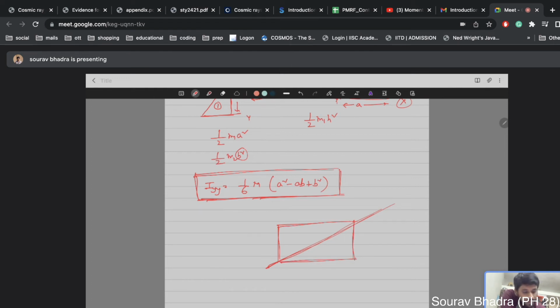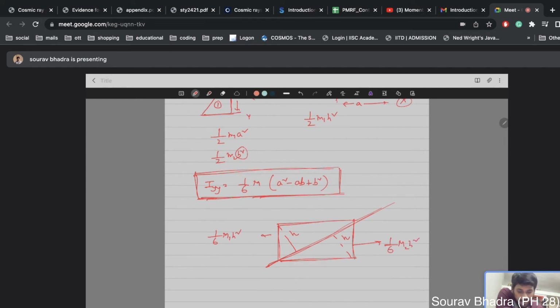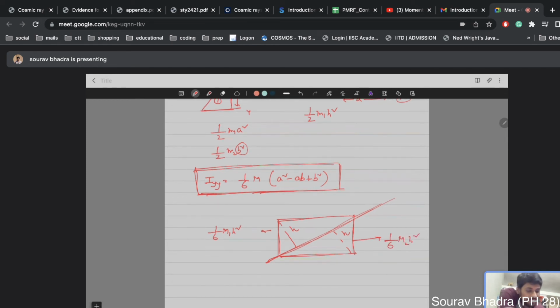So for the first one it will give you m1 h square, if this distance is h, and for this part you will get m2 h square. This is just the application of the previous thing which we have done.